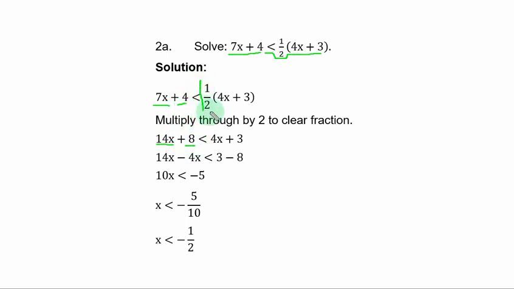Multiply this 1 over 2 by 2, you are left with 4s plus 3. The next thing is to collect like terms, and you have 14s minus 4s less than 3 minus 8, that is 10s less than minus 5. Divide through by 10. s is less than minus 5 over 10, and s is less than minus 1 over 2.